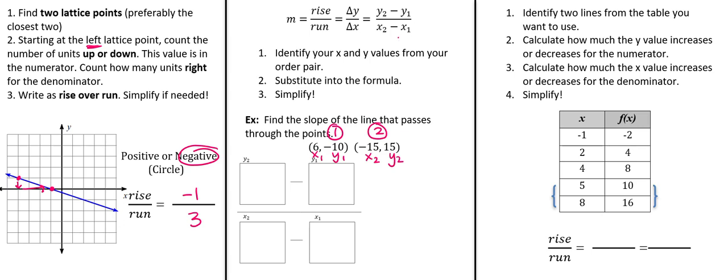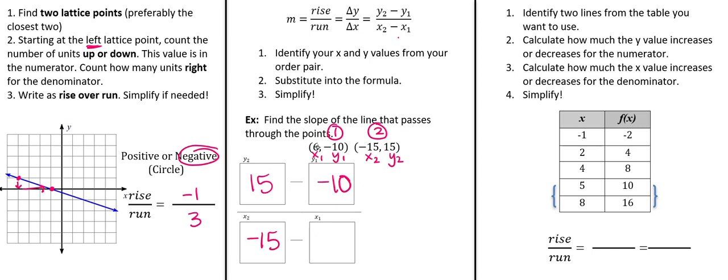I think it's super helpful when you label them as x1, y1, x2, y2, because now I can just say, I need my y2 number here. Oh, y2 is my 15. I'm going to subtract my y1. My y1 is -10. x2 is going to go in this box. My x2 is -15.